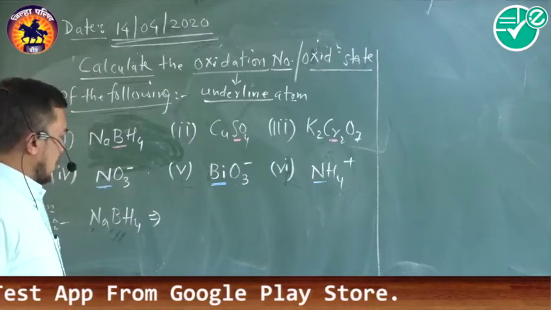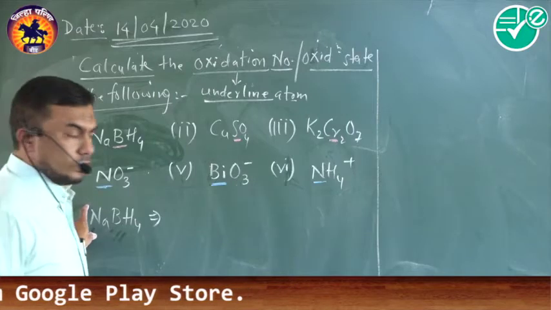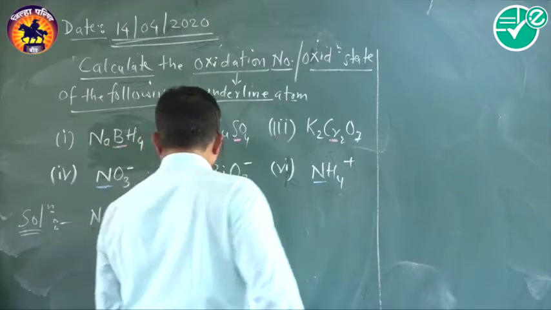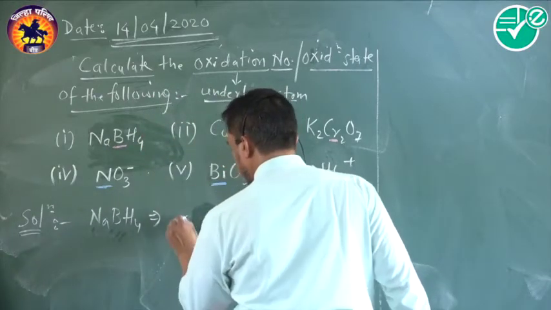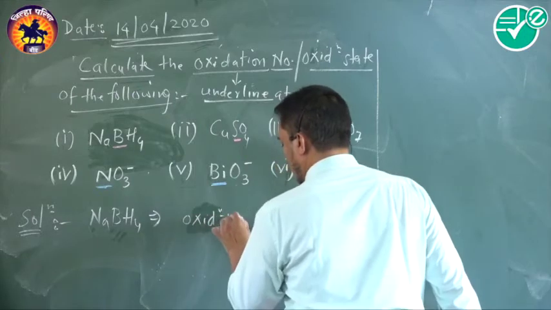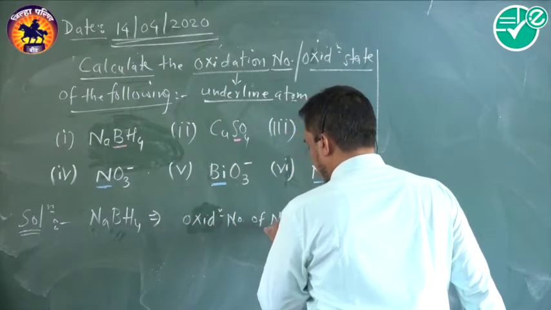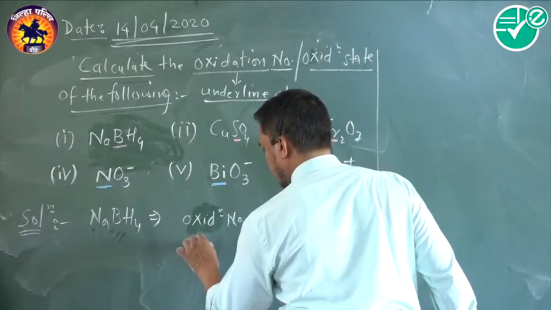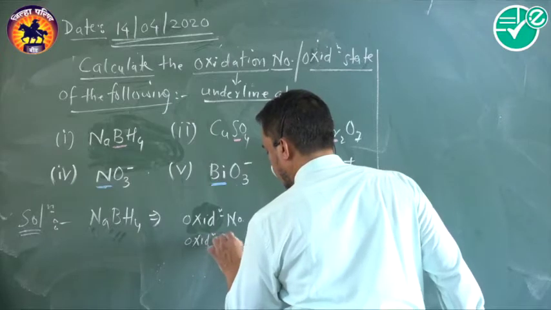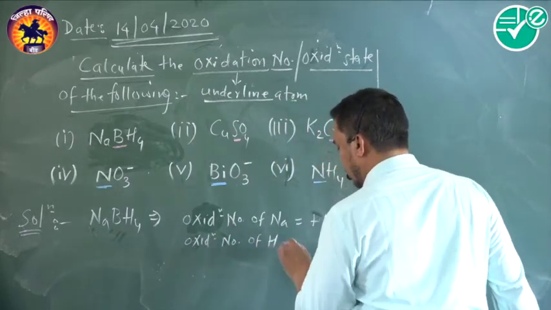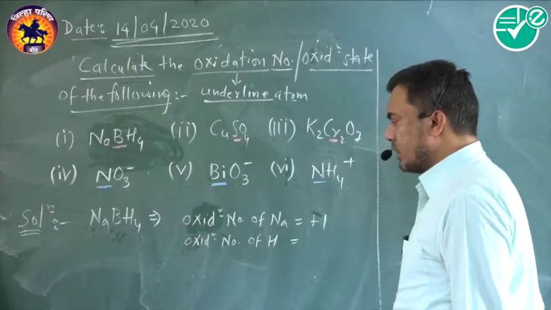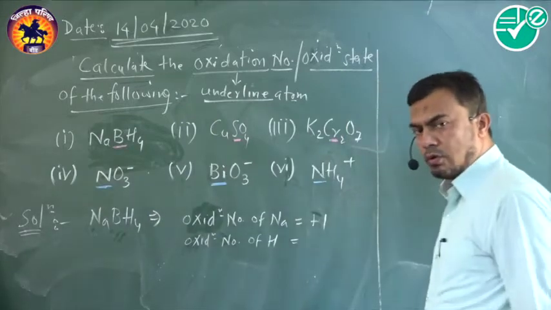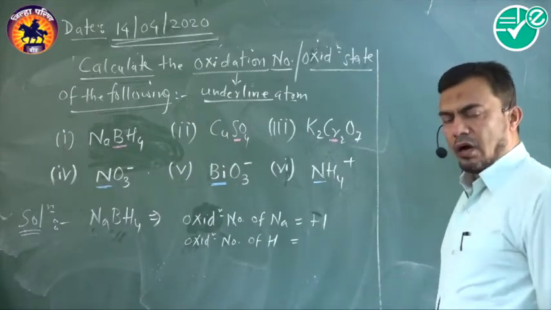Now before that, as we learned some rules, knowing the oxidation number of some elements, the oxidation state of sodium is +1. Similarly, the oxidation number of hydrogen: remember, in this case, the hydrogen is combined with sodium, so it is a hydride.